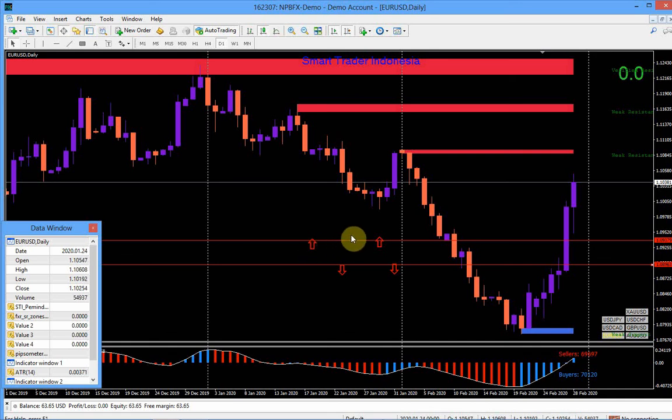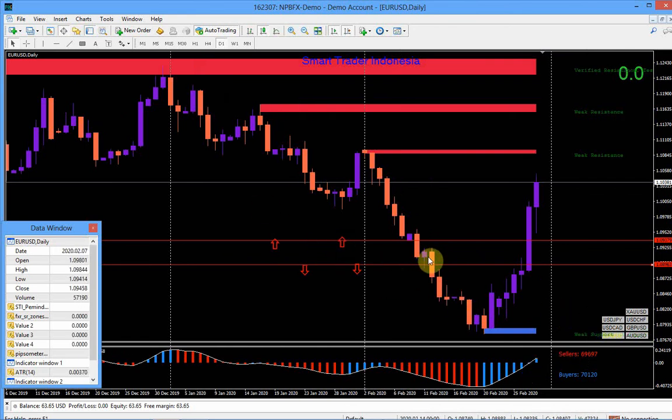But if the market plays in here and doesn't hit here, only one trade will open up. So the reason why I like the daily time frame is that it reduces my exposure to the market.